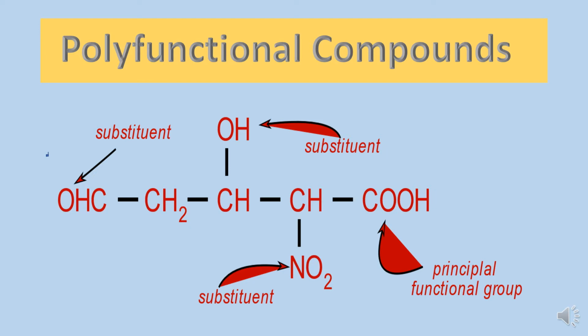For example, nitro, hydroxy and aldehyde groups will be considered as substituents, and for these groups prefixes are to be added and secondary suffix will only be added for the principal functional group, that is oic acid. The parent name will be given as oic acid and other groups' names will be included as prefixes. So let us first discuss what are the prefixes used in case the particular functional group is considered as a substituent.